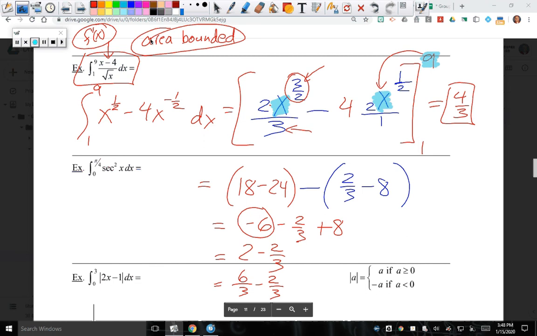How come area bounded would be meters squared, rather than just meters? Because area bounded is interpreting it as a geometry area, whereas displacement, which is also area, can be negative sometimes. A geometry area can't be negative. That's why it'll always be units squared.